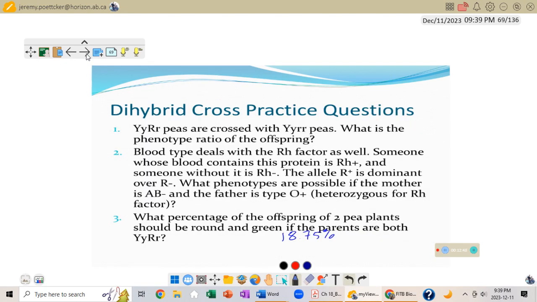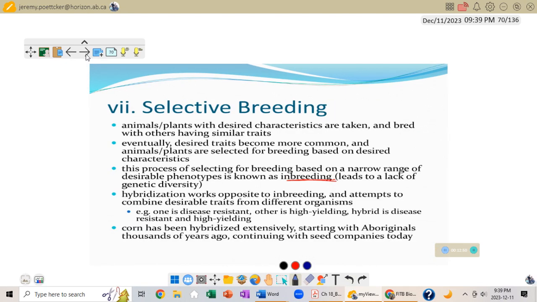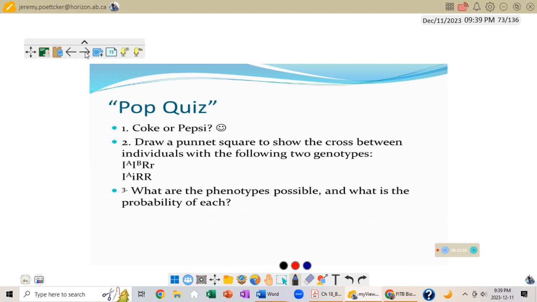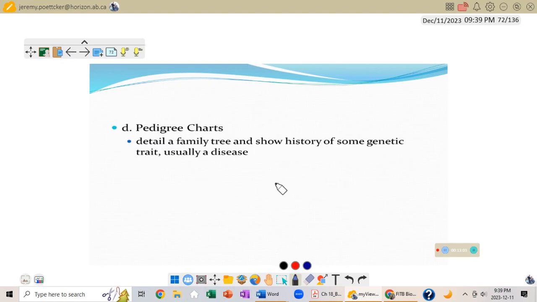For now, what I'm going to ask you to look at is your 18.3 pedigree charts. Pedigree charts detail a family tree, and they show the history of some genetic trait, usually a disease.